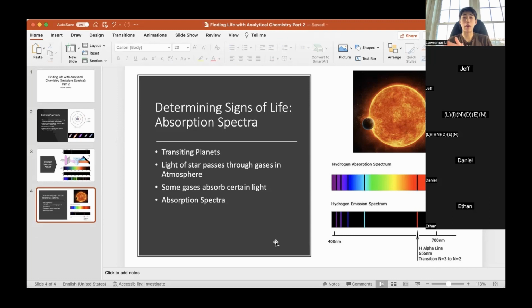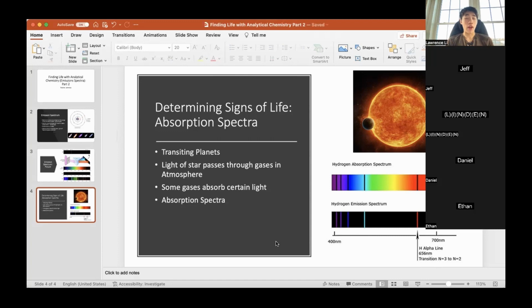Yes, even bacteria depend on oxygen. Some bacteria use photosynthesis, I think, but trust me, all life depends on oxygen. So when we look for signs of life, we want to look for oxygen.